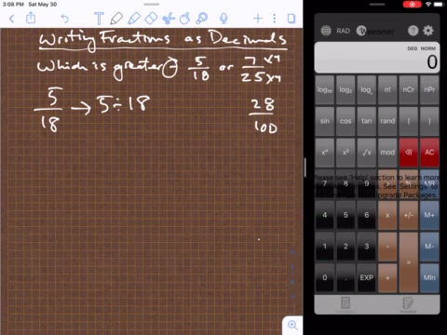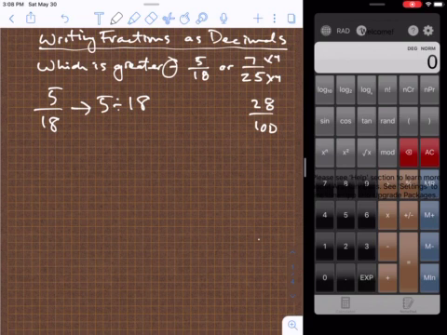They're equivalent expressions. We'll tend to use 5/18 more in algebra and even in pre-algebra because we're trying to get away from these more elementary school signs. But the cool thing is, if you recognize this and you have a calculator, you can figure out what 5/18 is really easily.